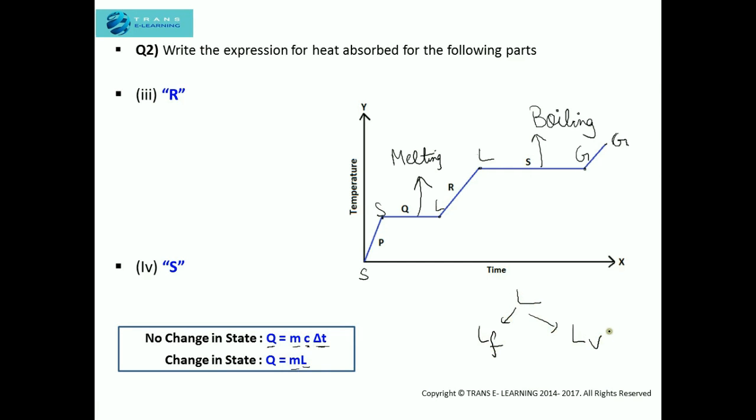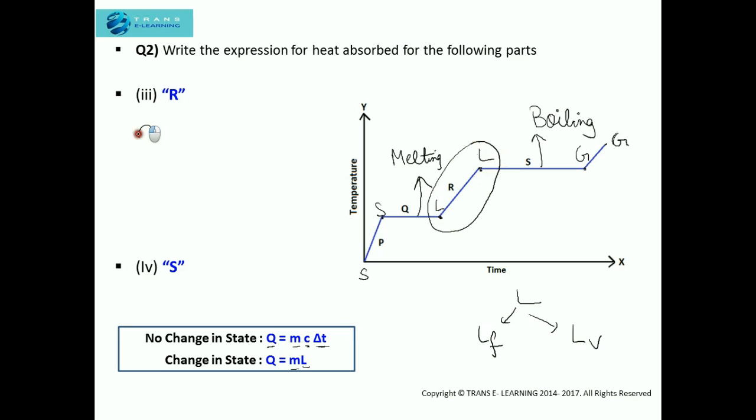So write the expression for heat absorbed for the following parts R. You can see here in R phase, the initial point is liquid and the final point is also liquid. So there is no change in the state.